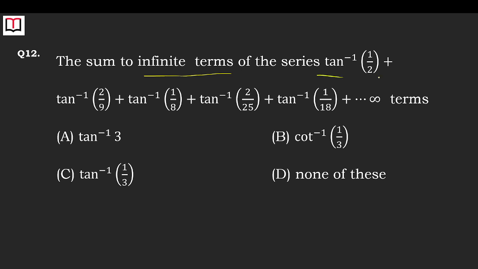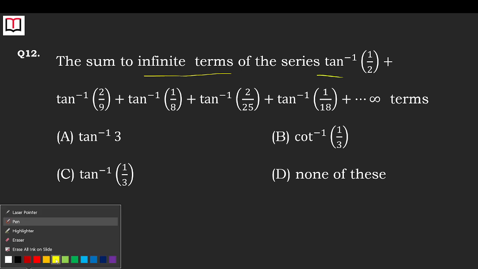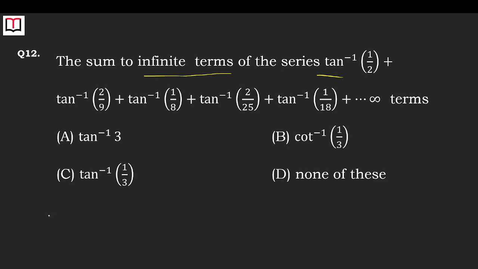Again, see, infinite terms of tan inverse series. That's the second question we have for tan inverse. For this one, I rewrote the series as 2 by 4 because I saw that every next alternate term we have 2. So I just got 2 in every term, plus tan inverse of 2 by 36. The moment I wrote it, if any one of you couldn't solve it, now it will be a eureka type of moment.